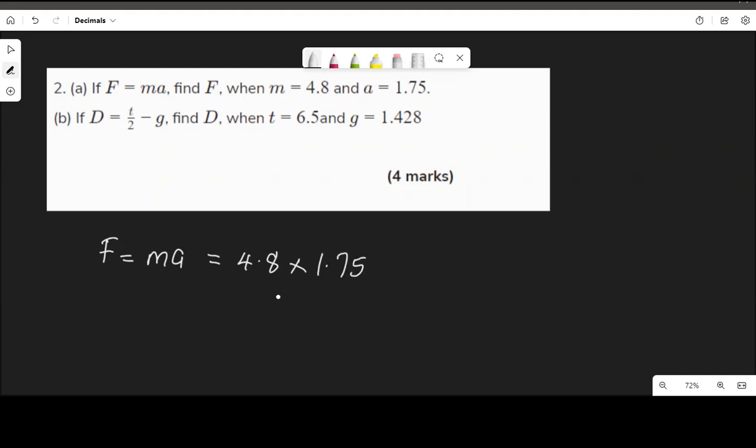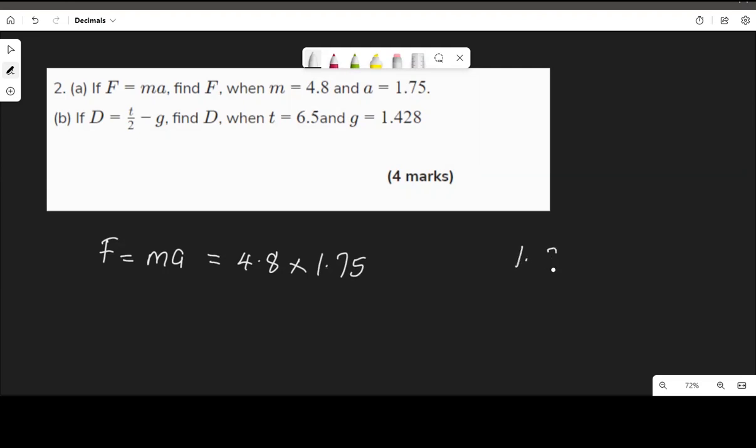Recall that whenever we multiply decimal numbers, we either convert both of them to whole numbers by multiplying each number by a power of 10, or you do your column multiplication right away, then count the number of decimal places. In this case, I'm going to do my column multiplication right away. Since I have 3 digits here, it will be easier if I put it on top.